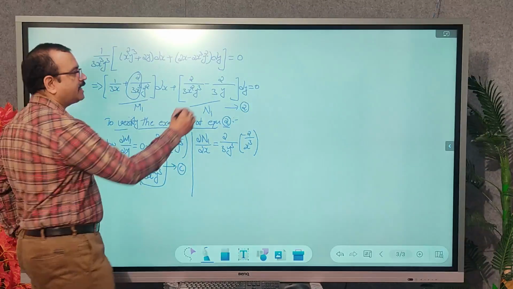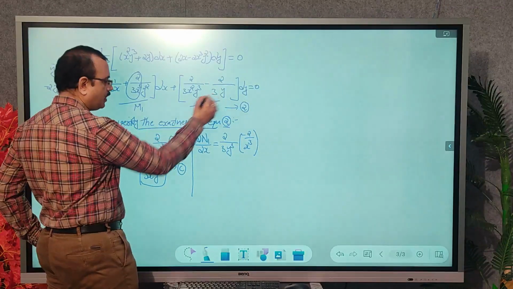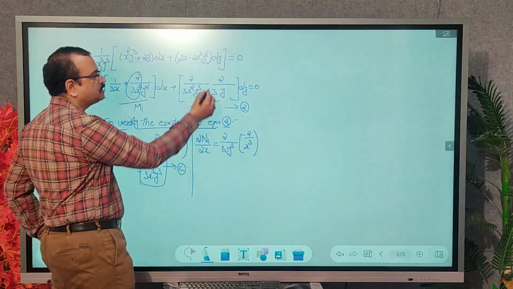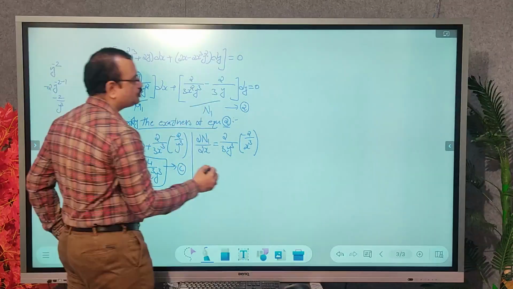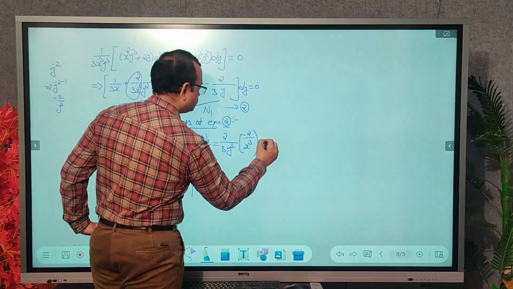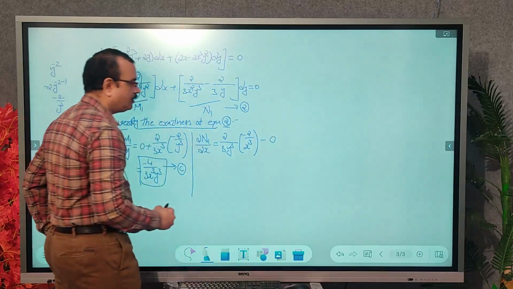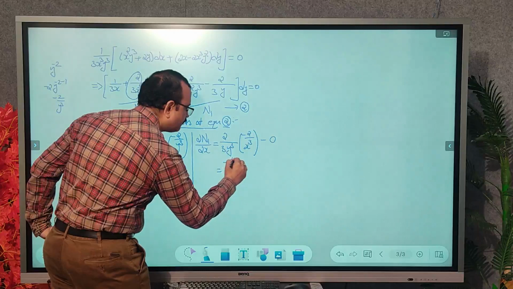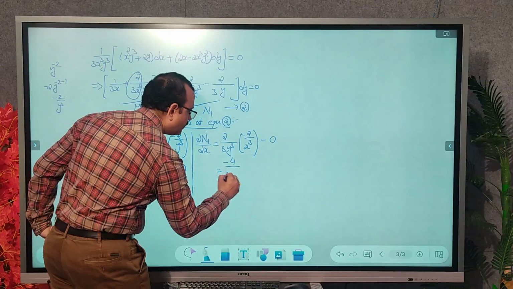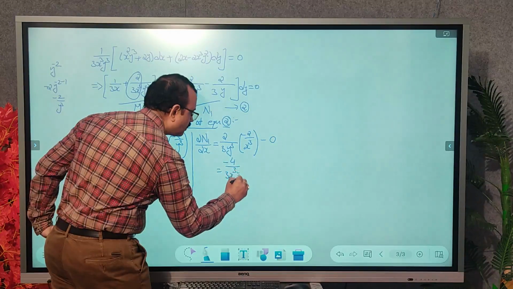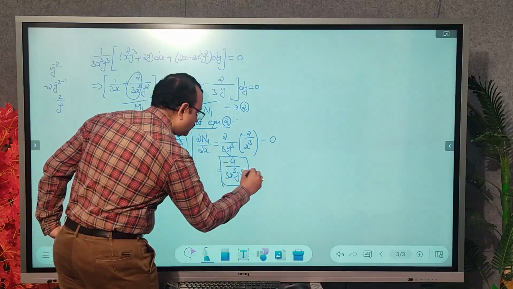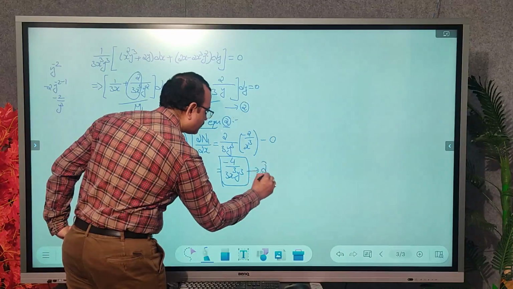Now coming to the second term, minus 2 by 3y we have, but we are partially differentiating with respect to x, so the derivative of minus 2 by 3y is 0. So finally we get minus 2 into 2, minus 4 by 3 x cube y cube. You take this one as D.